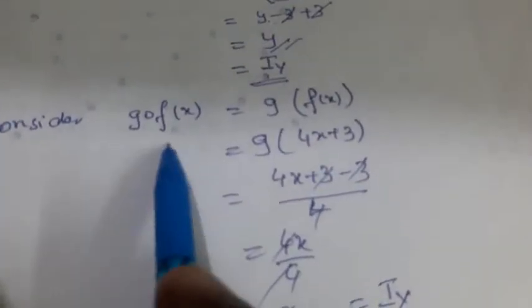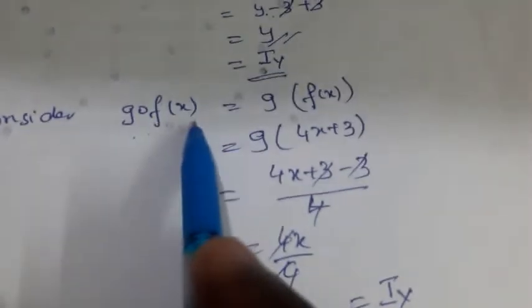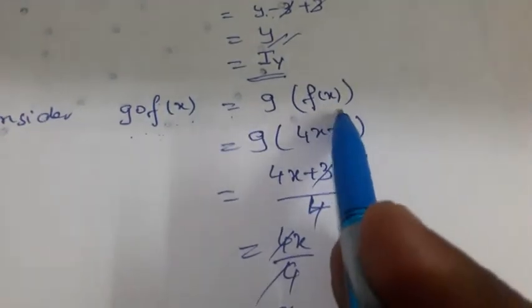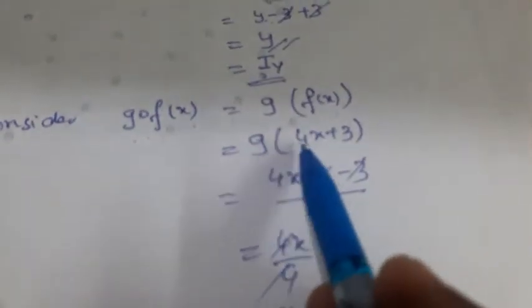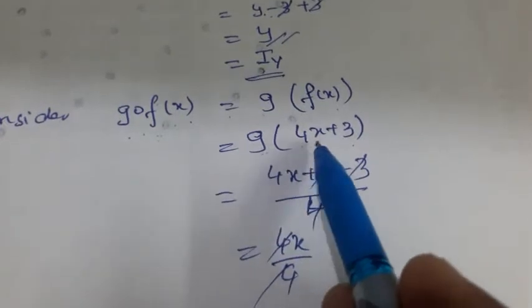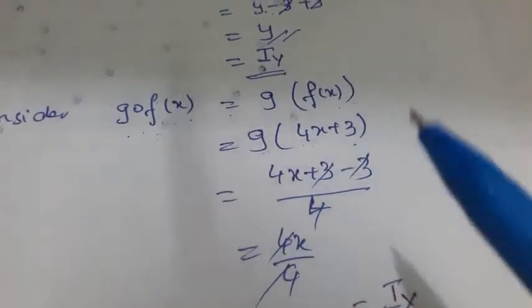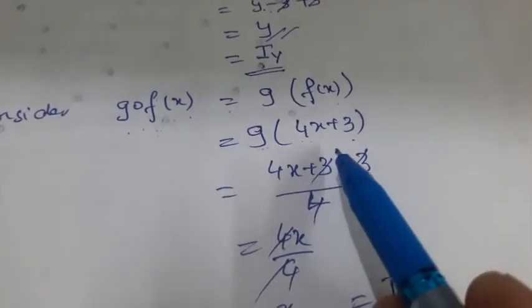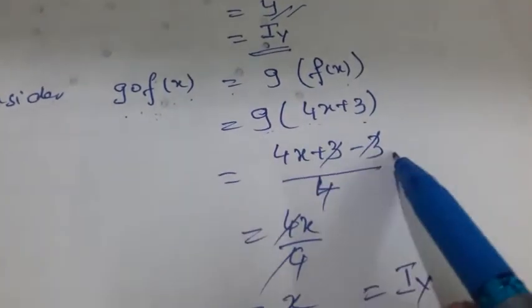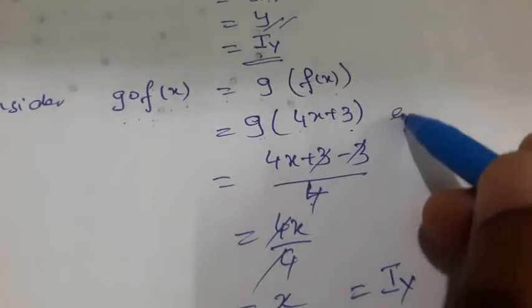Similarly, consider g composite f of x. That's equal to g of f of x. And what is f of x? F of x is equal to 4x plus 3. So g of 4x plus 3. What is g of y?